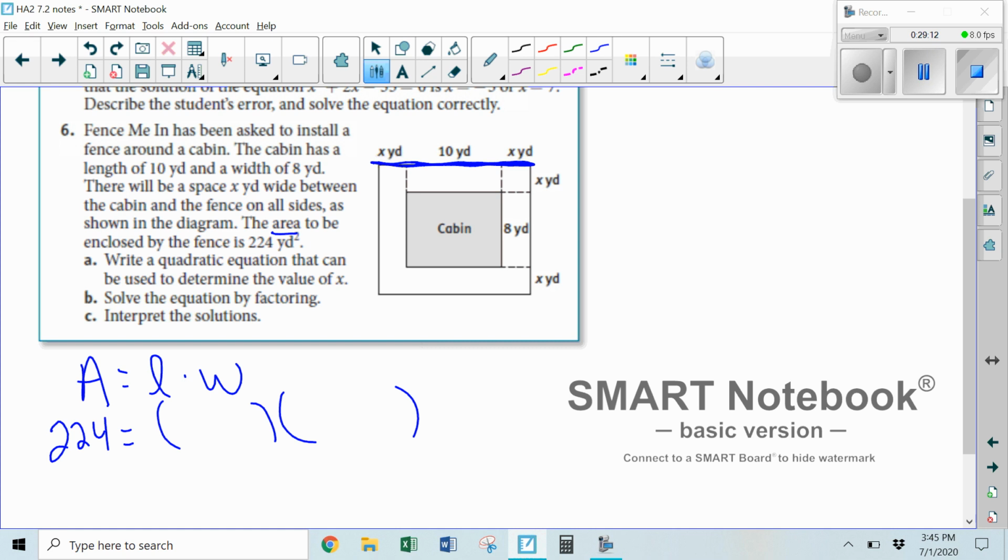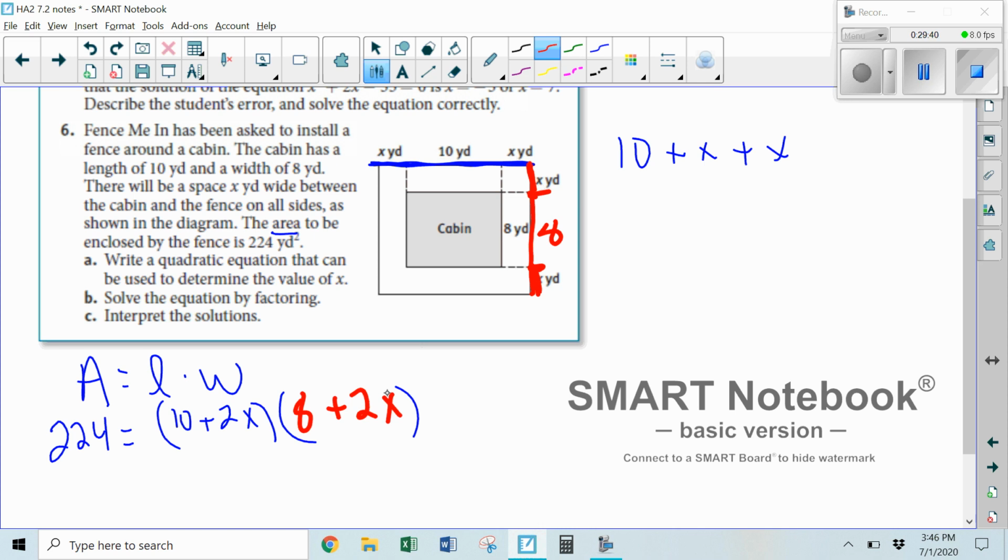How do I express this? It's 10 with an X added to it and an X added to it. So what is 10 plus an X plus another X? 10 plus 2X. If this is the width, how would I write the width? That's 8 with an extra X on both sides. So that's 8 plus 2X. That is how you would write a quadratic equation.